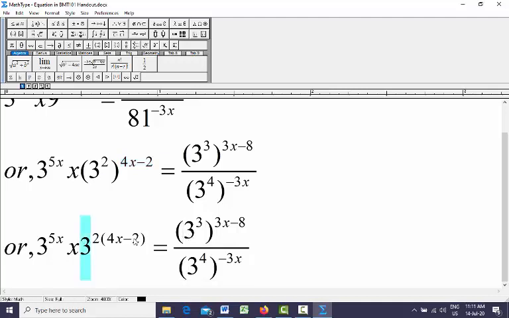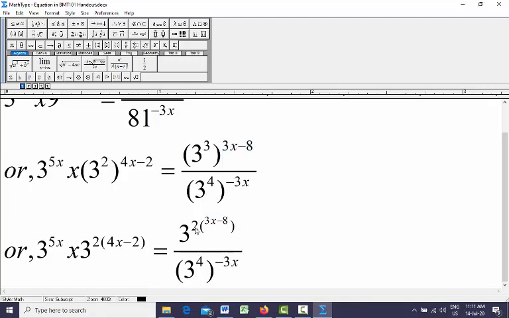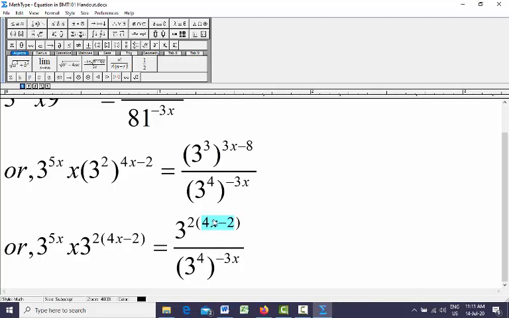So here we will have like these. So that means these 3 will get multiplied by 3x minus 8.